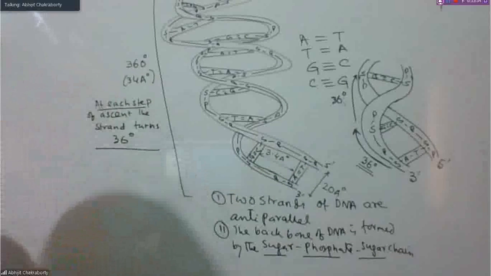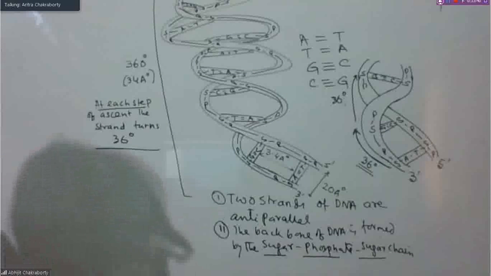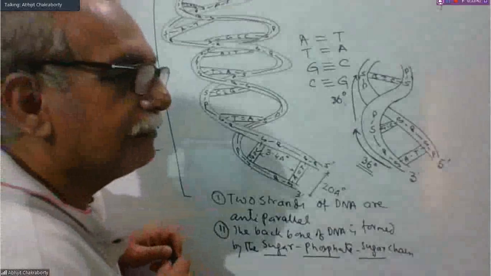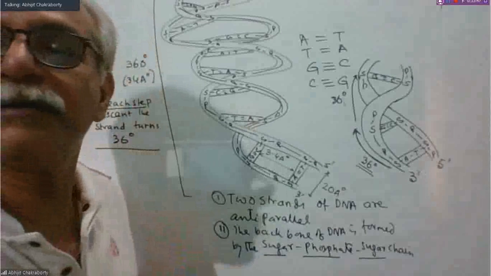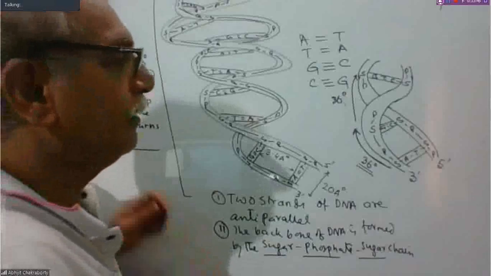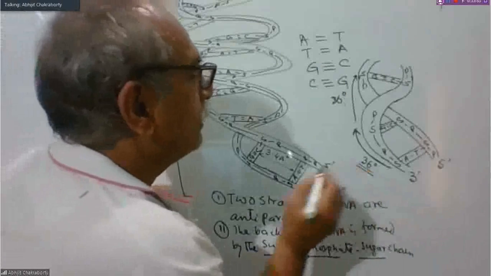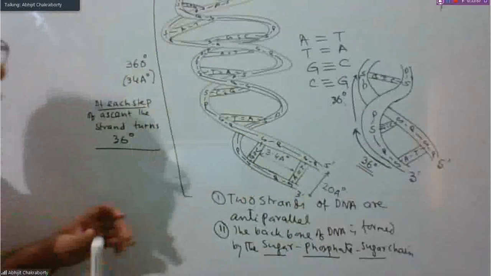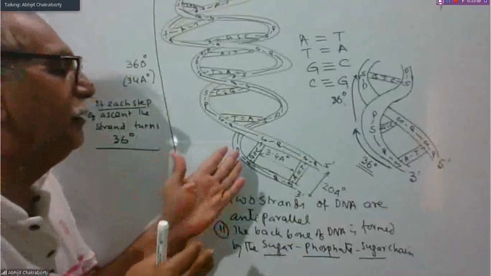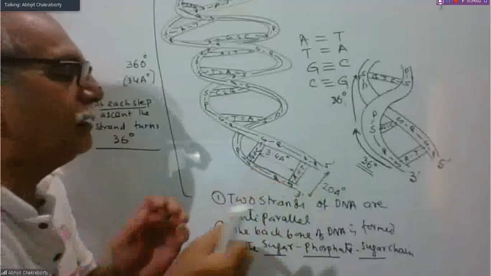Look, one thing. Phosphate and sugar, if you go through them, then the nitrogenous bases are here: A, T, G, C. So you see their location.